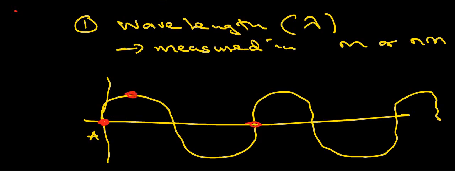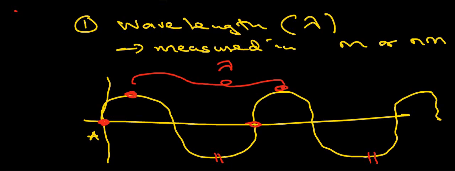Or you can say from here up to there, or from this point up to this point, right? This is a single wavelength. This is simply the length of one single complete cycle. So the total distance for one complete wave to be made, that's simply your wavelength.